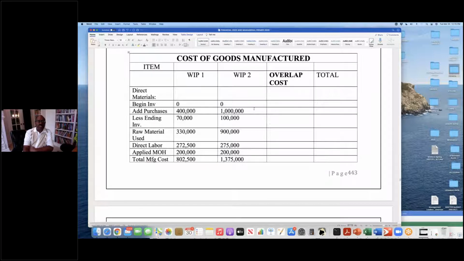Okay, so let's see if we can begin to move across. No beginning. So total purchases were $1,004,000. So we're just going across now, less this 170.